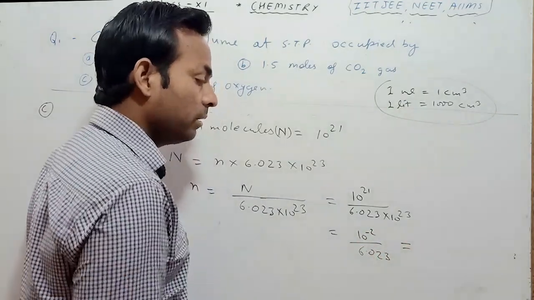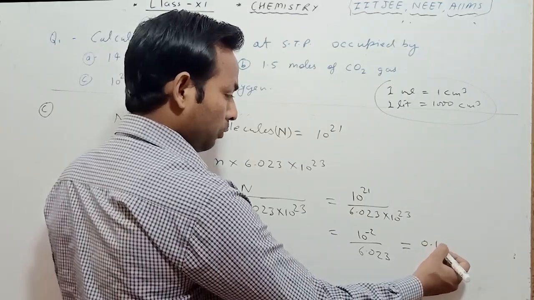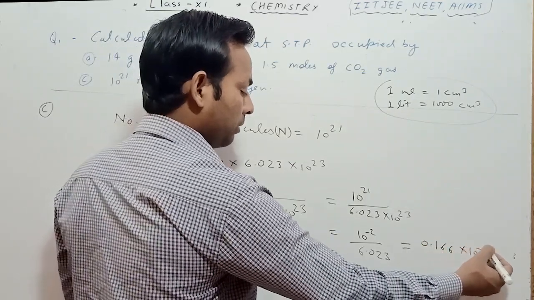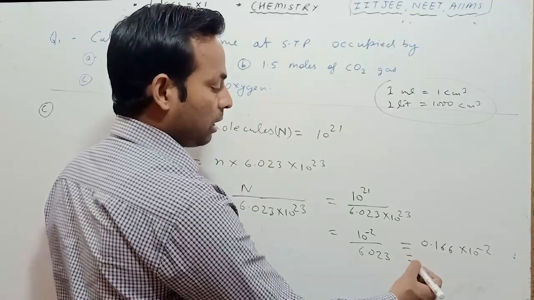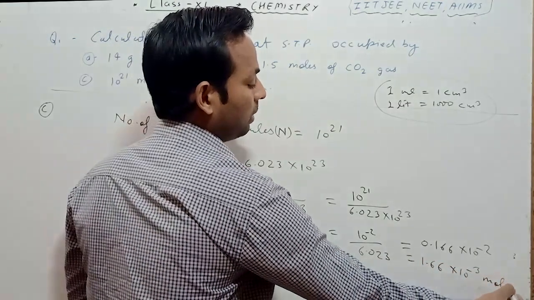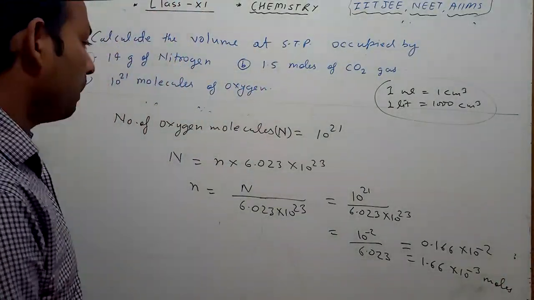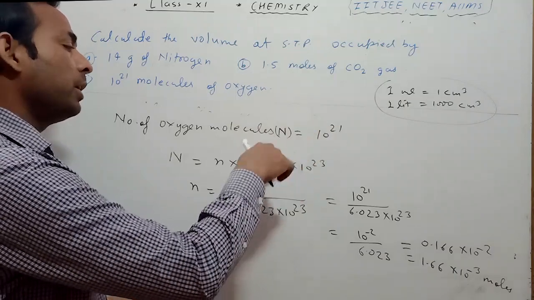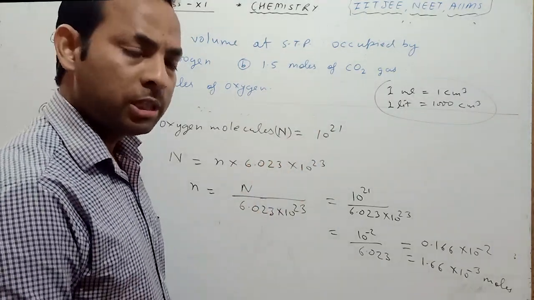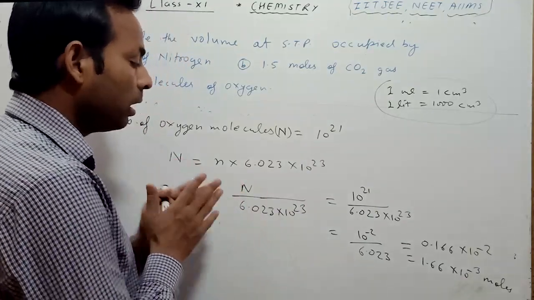After dividing, the value will become 0.166 into 10 to power minus 2, or 1.66 into 10 to power minus 3 moles. So this is the number of moles present in 10 to power 21 molecules of oxygen. Now this is the value of moles. Any problem? No.